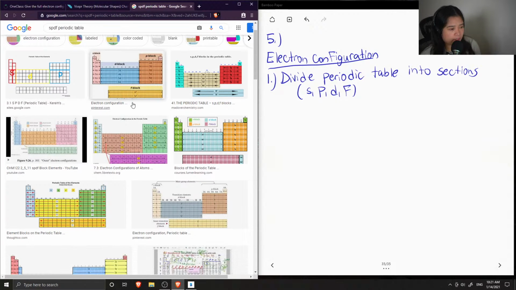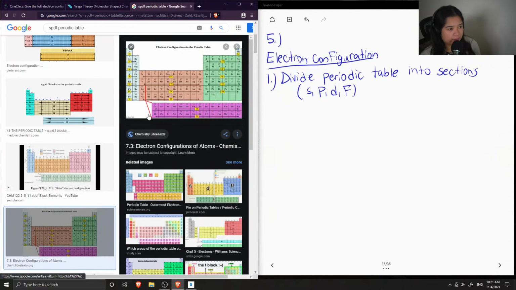It's important to know how to divide your periodic table this way, because sometimes on a test or quiz, they only give you a blank, normal periodic table, and you need to know where all the different sections would be.